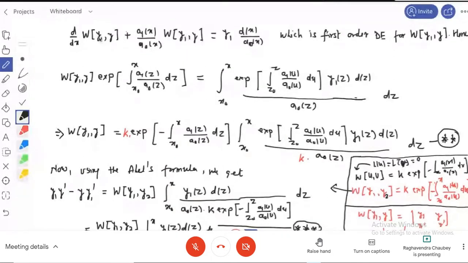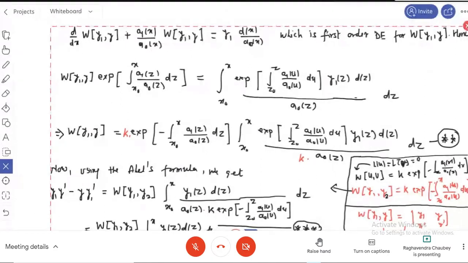If we take another solution y2, in the same manner you can find the same relation: y2 y' minus y y2' equals the Wronskian in this term. If we replace y1 by y2, you can write it directly on the next page.